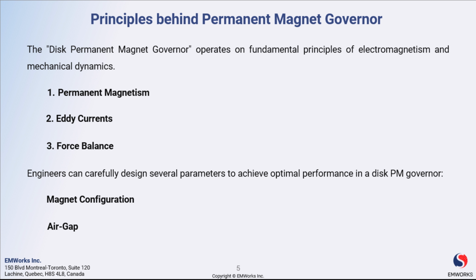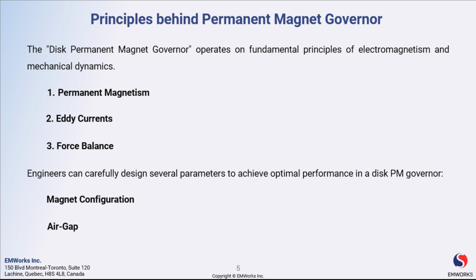These magnets generate a constant magnetic field without the need for an external power source. The magnetic field interacts with conductive materials in the vicinity, inducing eddy currents, which play a crucial role in speed regulation.